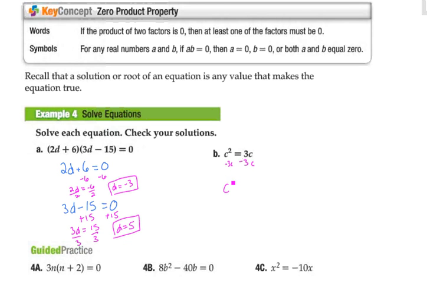So I'm going to rewrite this equation as c squared minus 3c equals 0. So now the question is, again, what could I plug in for this c in order for this to cancel out and equal 0? Well, over here they were nice enough to actually have this factored for us. This is not factored. So step 1, set equation equal to 0 if you need to.